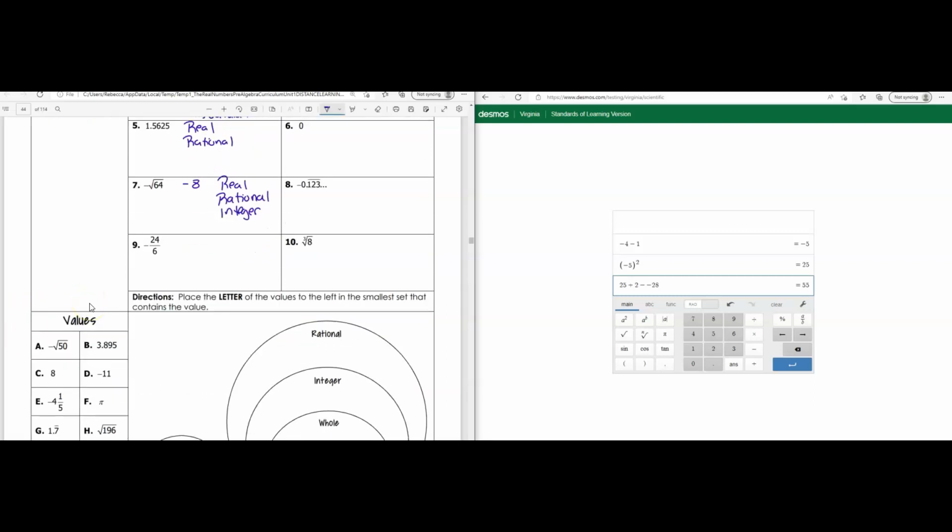For number 9, I've been given negative 24 over 6. Negative 24 over 6 can be simplified to negative 4. So it is going to belong to the same groups as number 7. It's a real number. It's a rational number. And it's an integer.